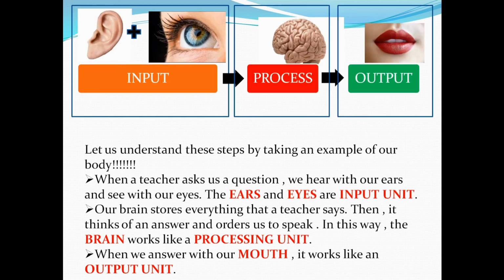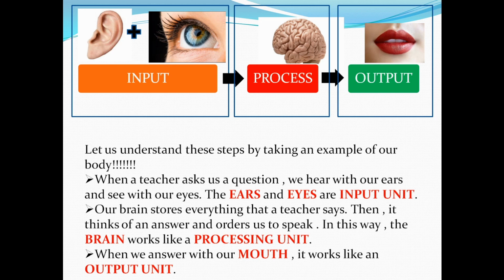Our brain stores everything that a teacher says. Then it thinks of an answer in order for us to speak. In this way, the brain works like a processing unit. When we answer with our mouth, it works like an output unit.